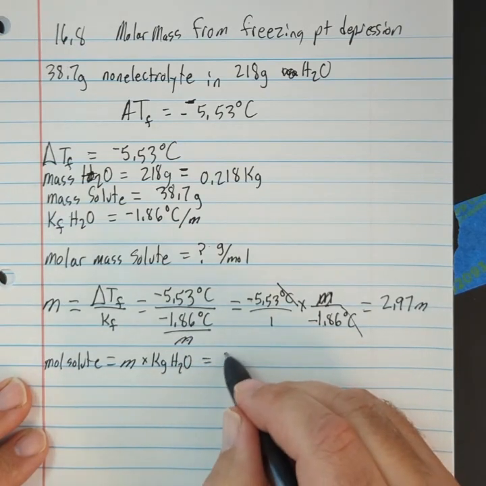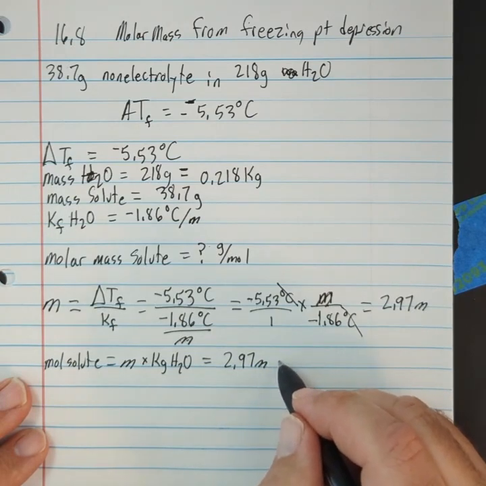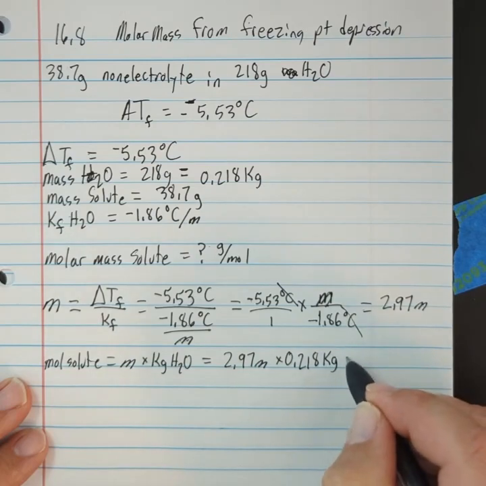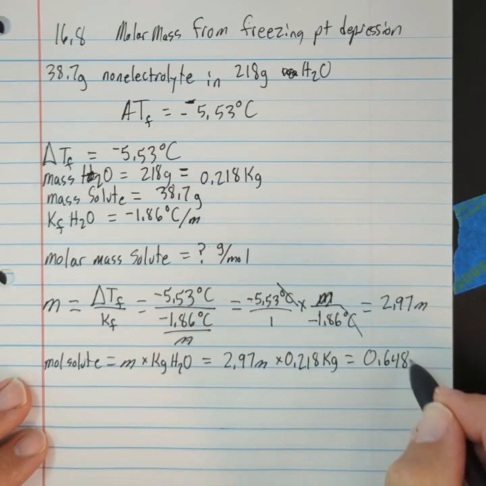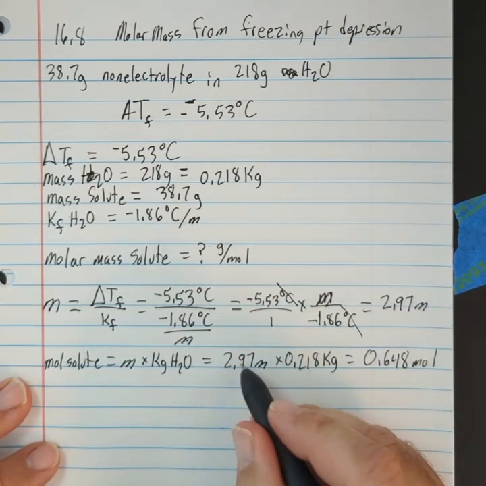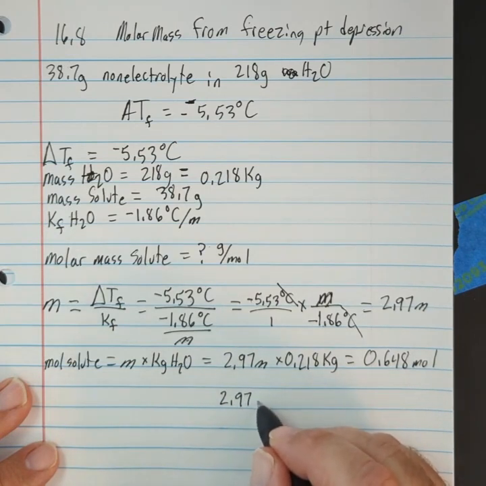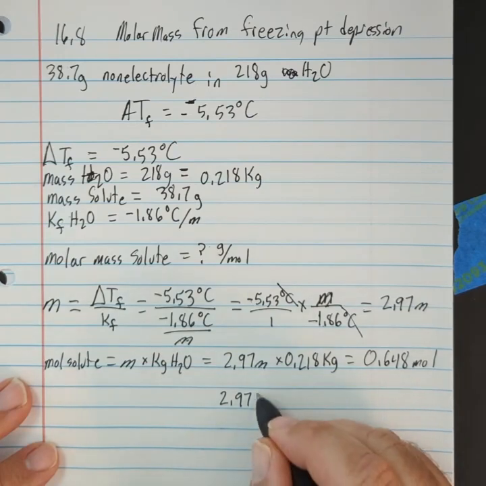Okay, so that's going to be 2.97, we just calculated that, times 0.218 kilograms equals 0.648 moles. Okay, now remember molality, we could rewrite that and say 2.97 moles per kilogram.